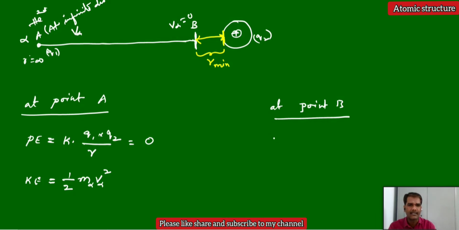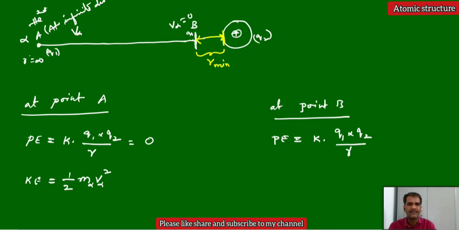Right? Now again, the potential energy at point B is equal to K Q1 Q2 by R. What is R now? Now we are calculating at point B, so let us assume the charge Q1 and this is Q2.